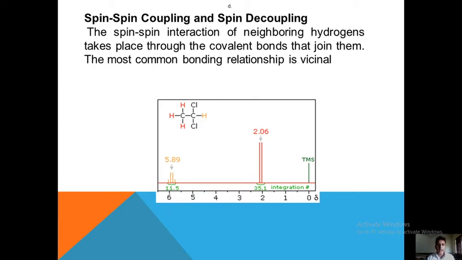So we can clearly see that because of this hydrogen, this CH3 appears as a doublet. And this CH appears as a quartet because of the 3 neighboring protons. The light gray arrow points to the unperturbed shift.